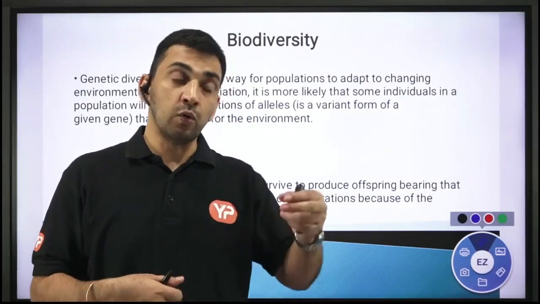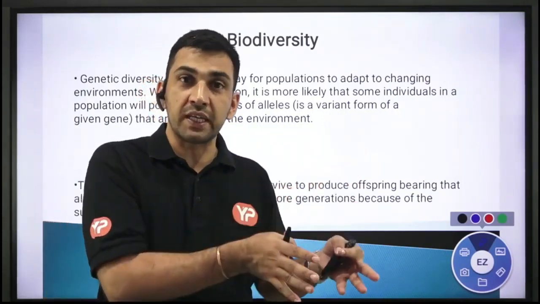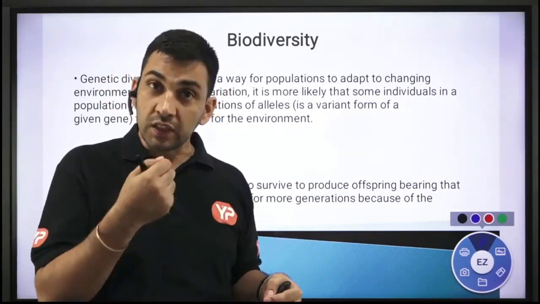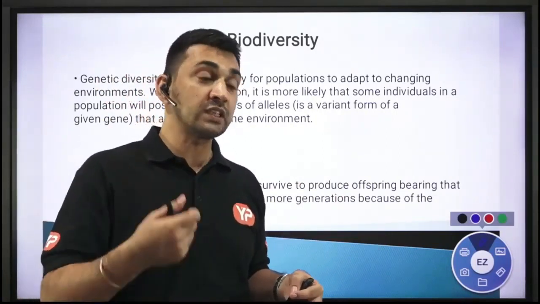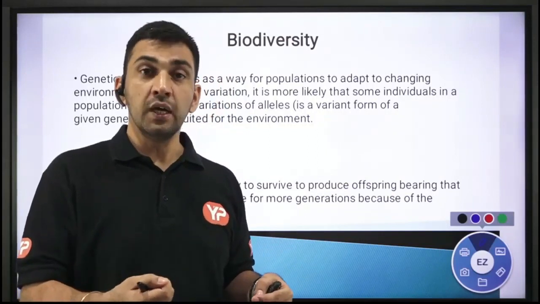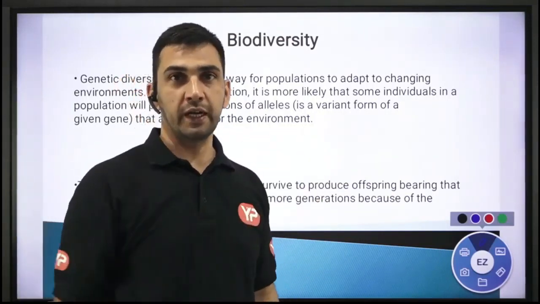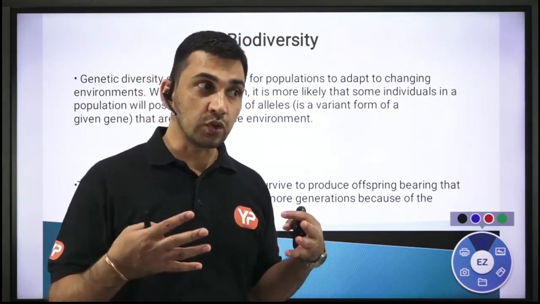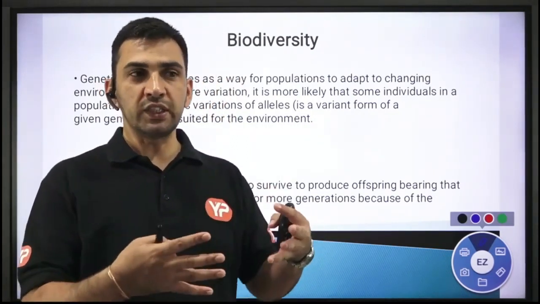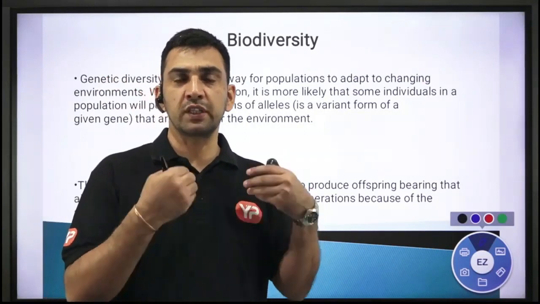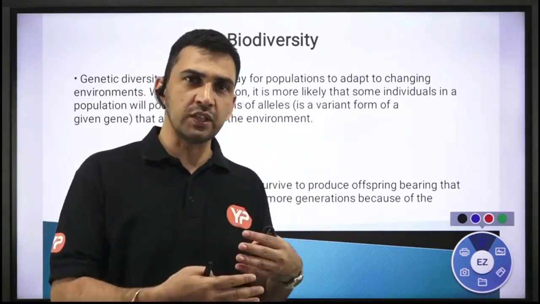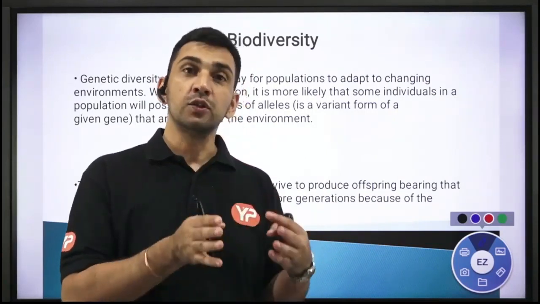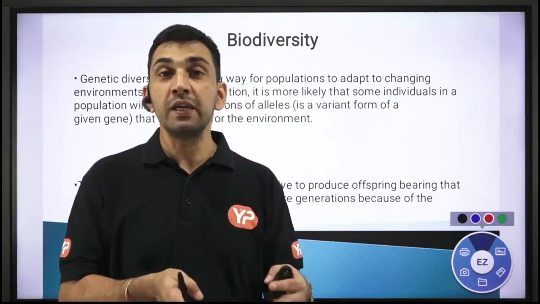So what happens is, some members may not tolerate that change in environment, but some members who possess different kinds of genes may be able to adapt to that change in climatic conditions. So what was the benefit? The population, or that particular species, could have become extinct because of that environmental change and might have vanished. Now some of them may be able to survive.